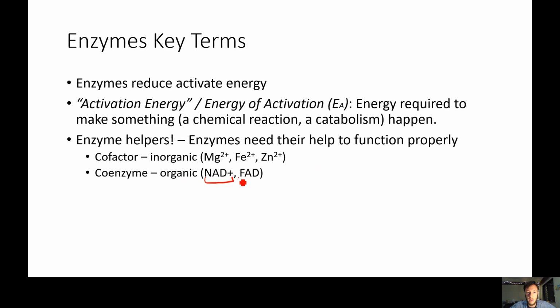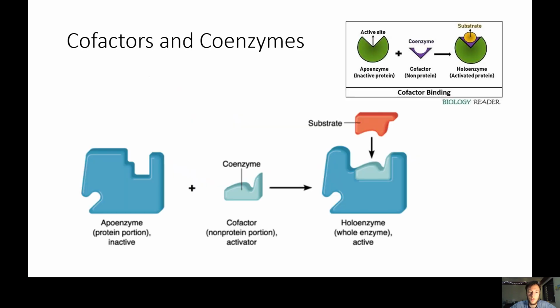NAD and FAD, these are more complicated molecules. Magnesium, iron, zinc, these things are just elements. They're inorganic, meaning they don't have any carbon in them. Whereas these do have carbon. They're complex structures with many elements in them. Okay, so cofactor, inorganic; coenzyme, organic, and larger and more complicated.